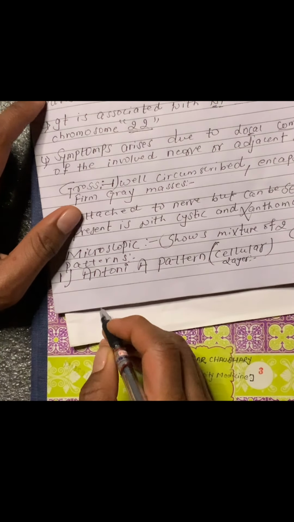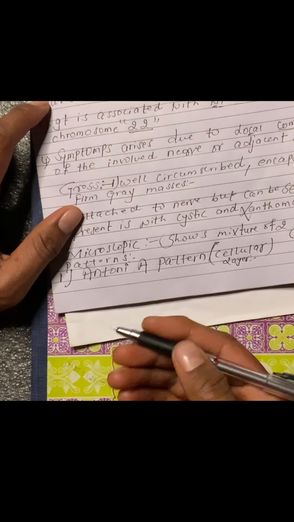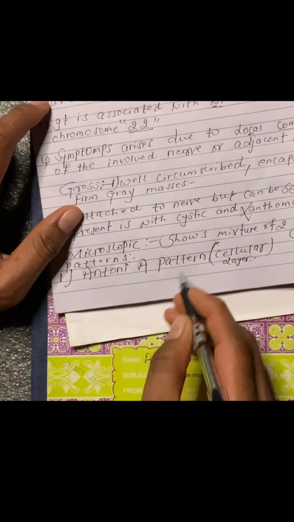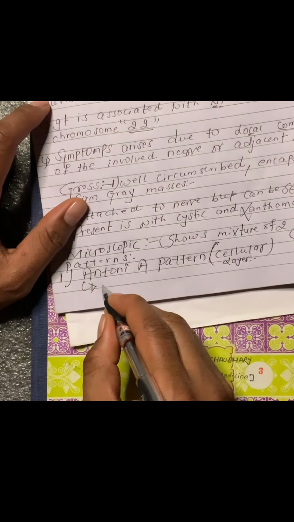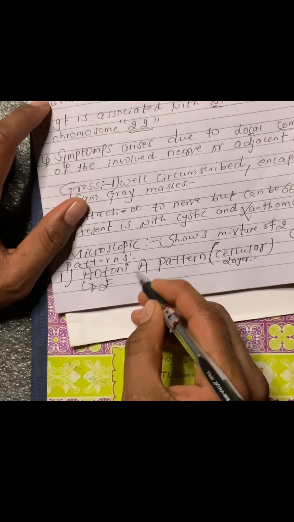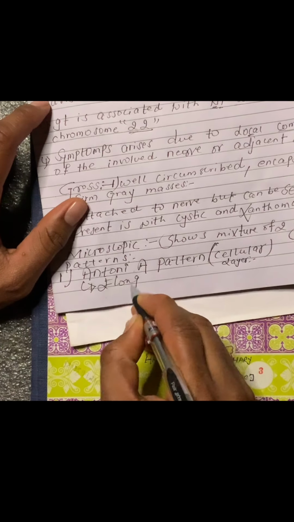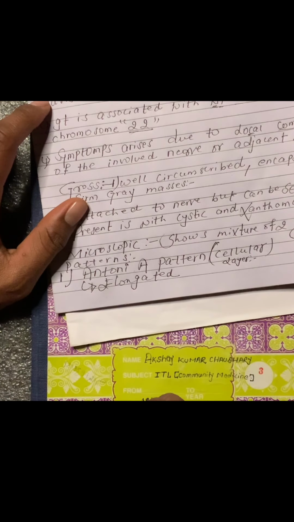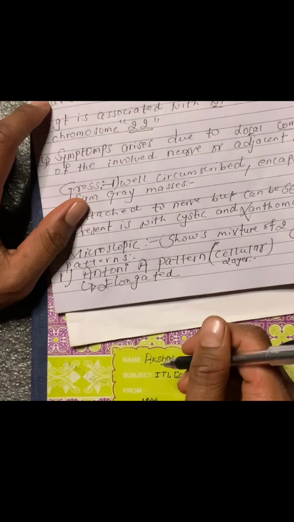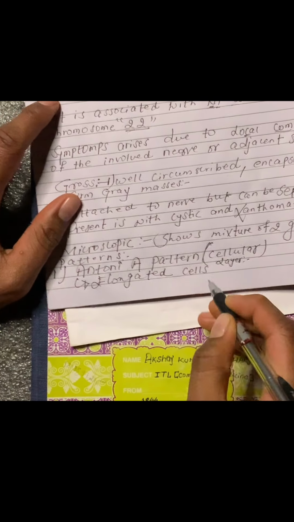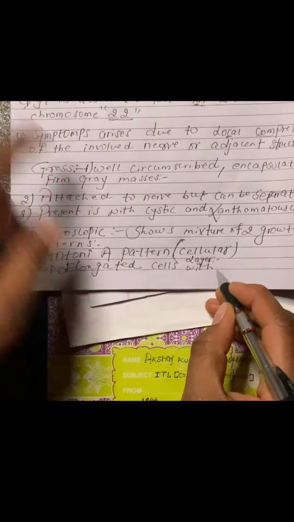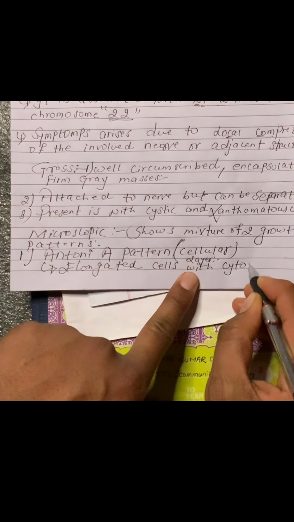Because there are more numbers of tumor cells present in this region. The tumor cells we usually encounter here are elongated cells with cytoplasmic processes.